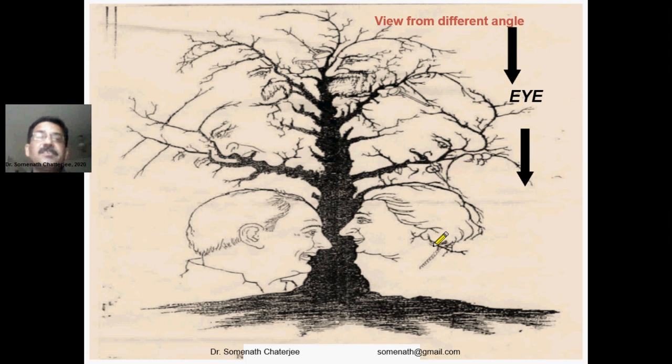So here I just gave one optical illusion picture. You can see this is just like a tree if you see from a macro scale, but if you see very minutely, then you can easily observe there are ten Indian leaders' images given, right?